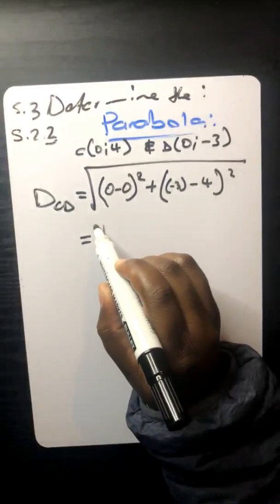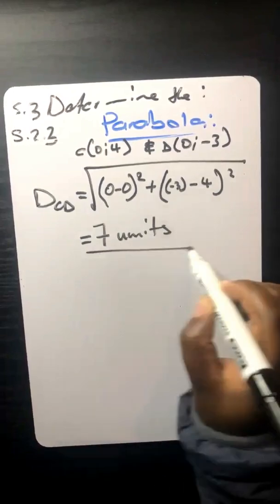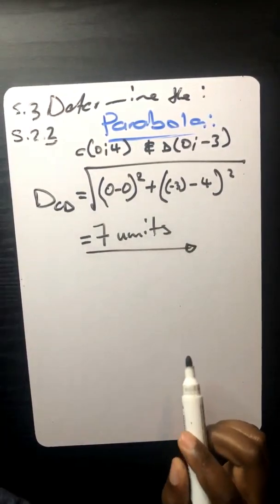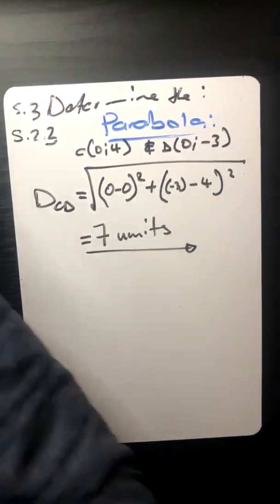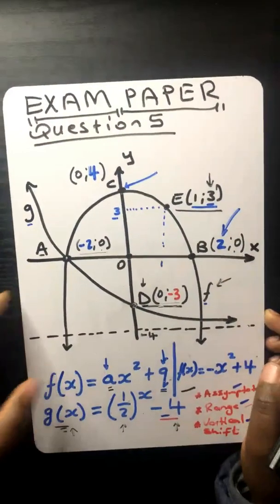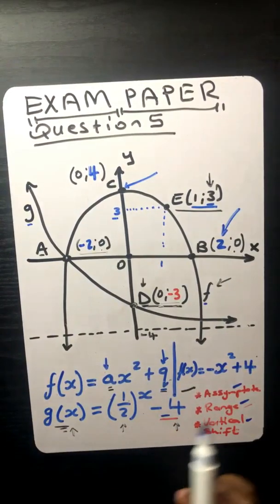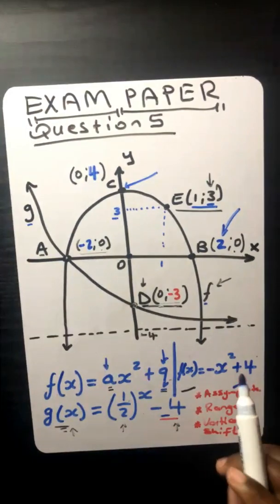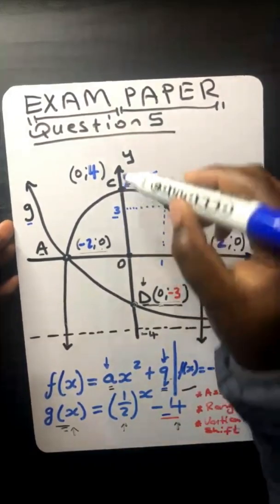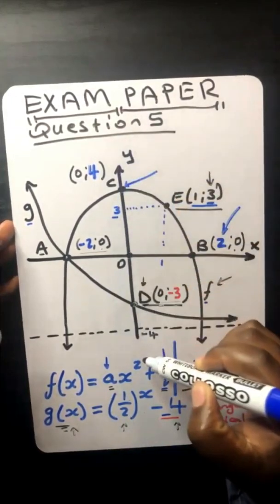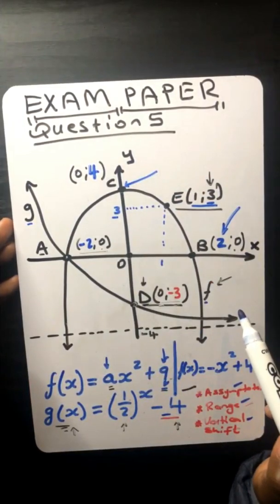So someone is getting 7 units. I'm very happy to hear you saying units, because when we calculate the distance, we talk about the units if it is not given. So I'm going to give you another method, ladies and gentlemen, which is worth 2 marks. Every time your straight line lies along the axis, whether y-axis or x-axis, you don't need to use the distance formula.